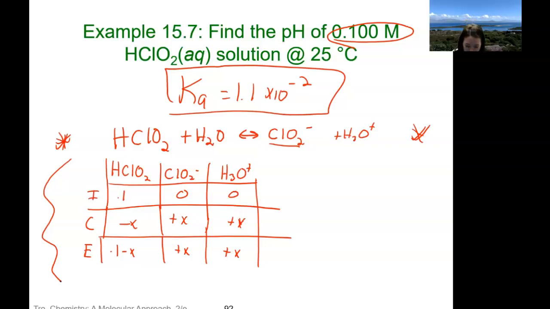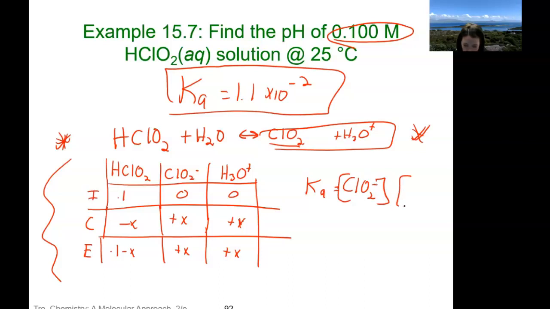And then I gave you your Ka. So your Ka, I'll do it from the beginning. Ka equals products over reactants.